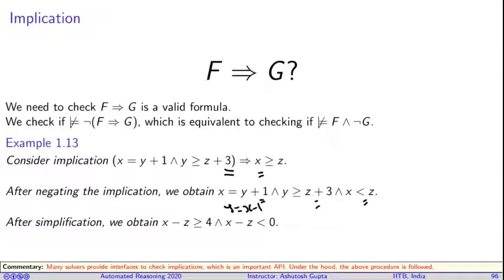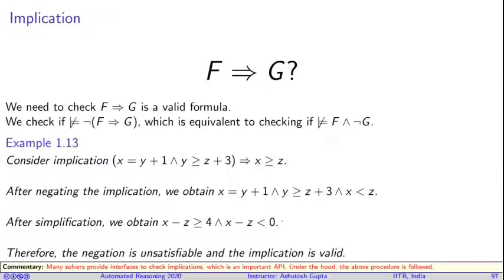If you put it everywhere and simplify, you find these 2 atoms left. This thing will disappear. Once these 2 are left, you can see that these 2 conjuncts are mutually unsatisfiable, because x minus z is greater than or equal to 4, which cannot be the case because it also wants x minus z less than or equal to 0. Therefore, the negation is unsatisfiable and the implication is valid.